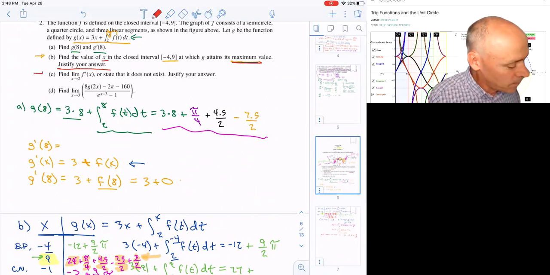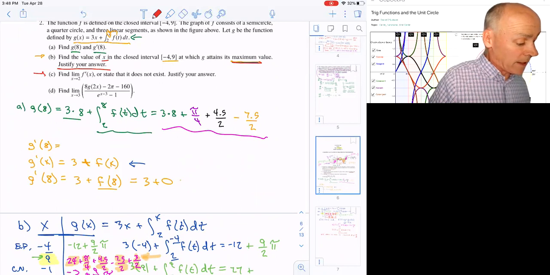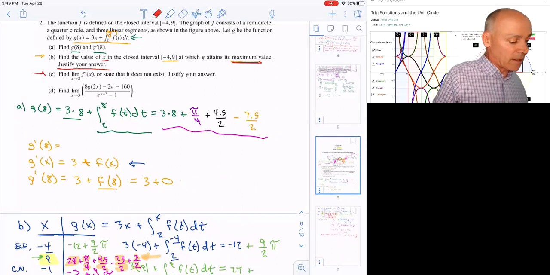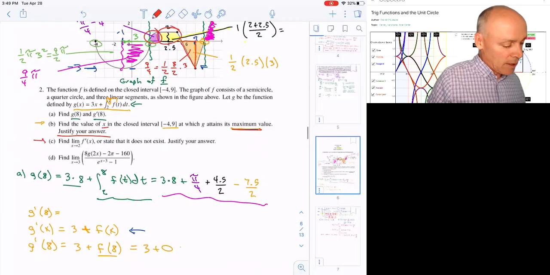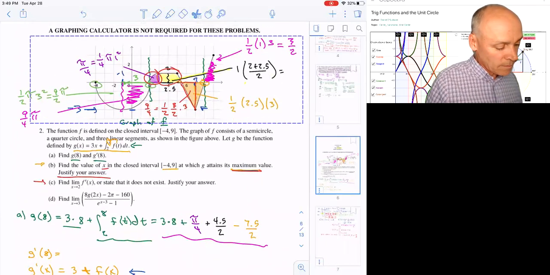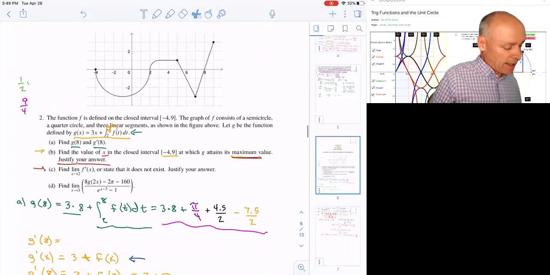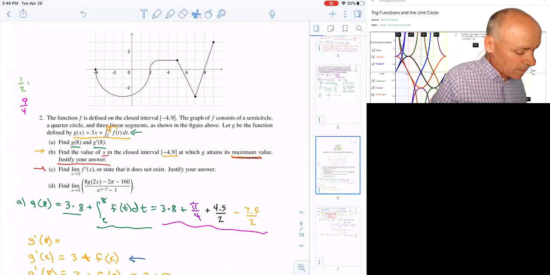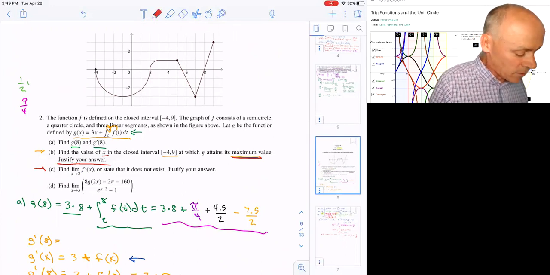Okay, part C, find the limit of f prime of x as x approaches 2, or state that it does not exist. Justify your answer. Okay, here's the good news. If I clean this off, I'm looking at the derivative as x approaches 2, so here's 2.